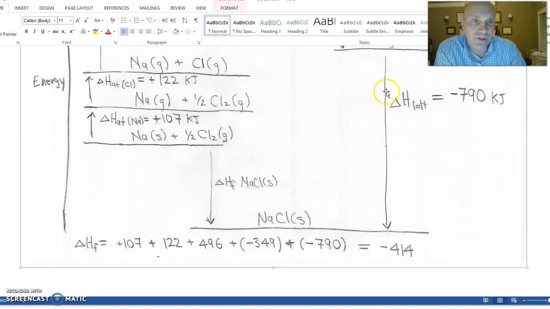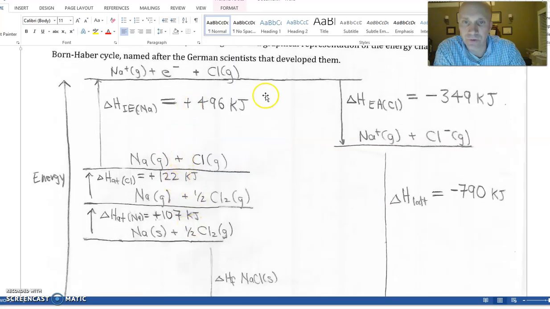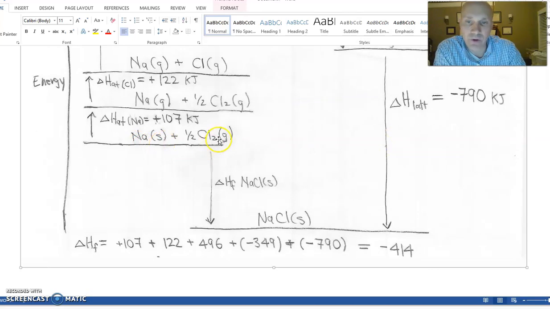What this allows us to do is to say we could calculate the heat of formation of sodium chloride if we know what everything else is, because whether you're going straight from these elements directly to sodium chloride, or going through this convoluted route where you're breaking them down into individual steps, in both cases you're starting from this starting point and eventually getting to this end point.